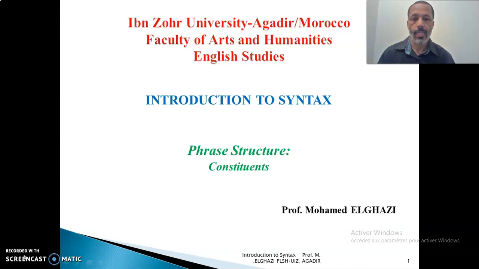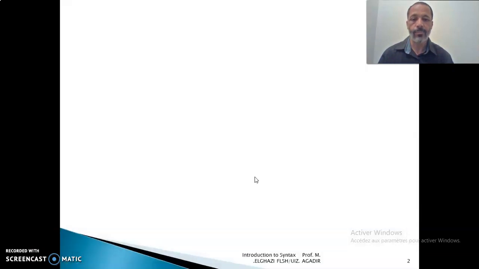What's a syntactic constituent? And then we will move to see what are the tests that practically help determine a syntactic constituent. And then we'll move to see the argument structure, which is basically about verbal constituents. So we start.